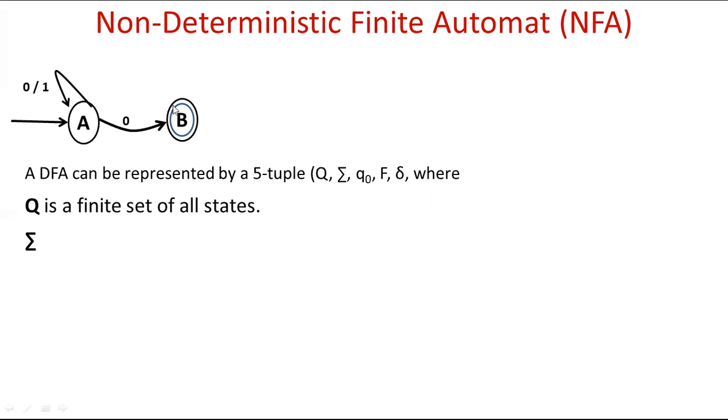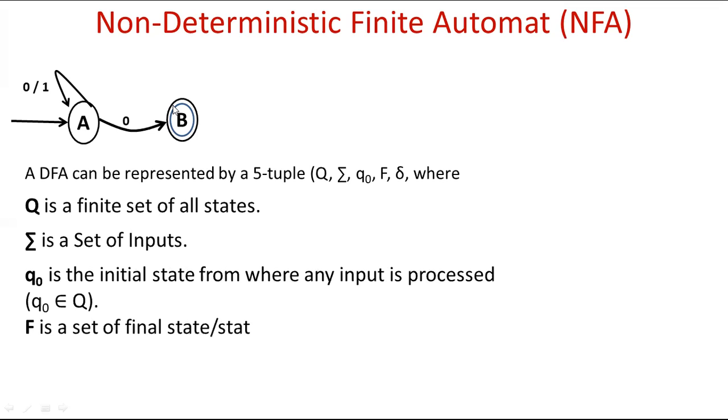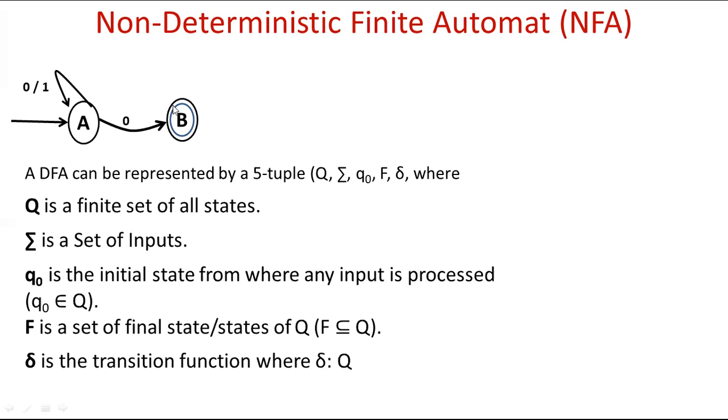And second, sigma is the set of inputs. And Q naught is the start state or the initial state. And then F is the set of final states. And delta is a transition function that maps Q cross sigma to what? So here we need to see what is the answer here. We will try to find out what this is.